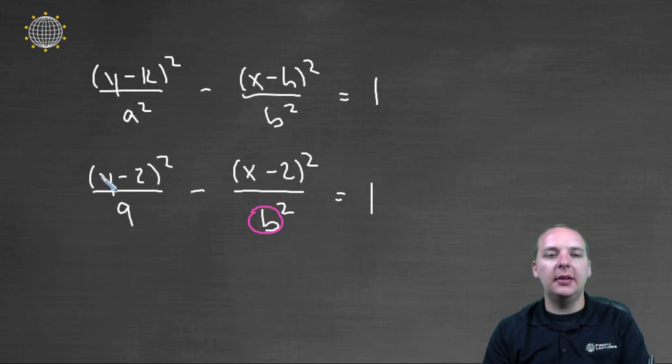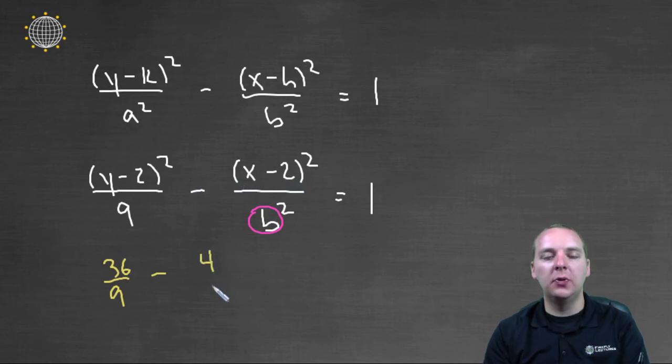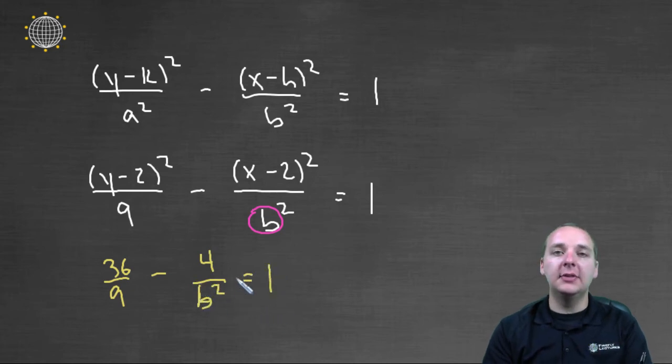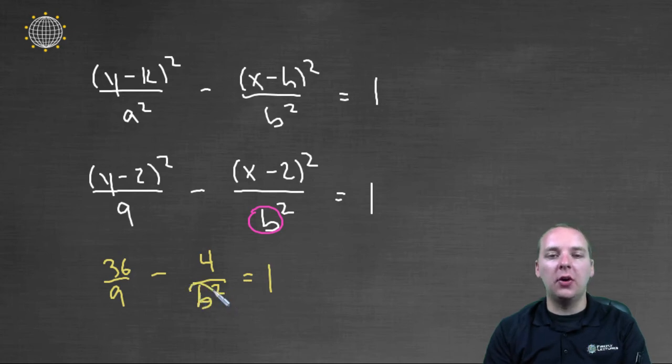So if y is 8, 8 minus 2 is 6. 6 squared is 36 over 9 minus, the x coordinate was 0 when y was 8, so 0 minus 2 is negative 2. Negative 2 squared is 4. 4 over b² equals 1. And this gives us an equation that we can solve for b.